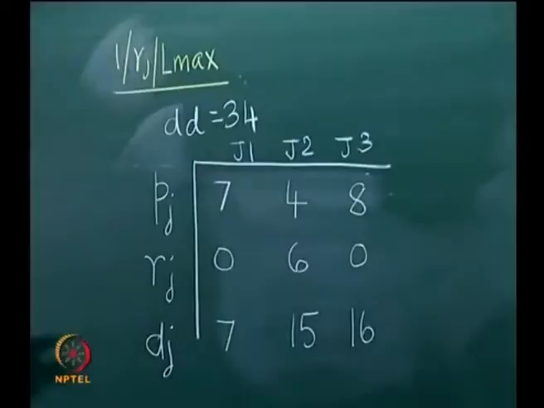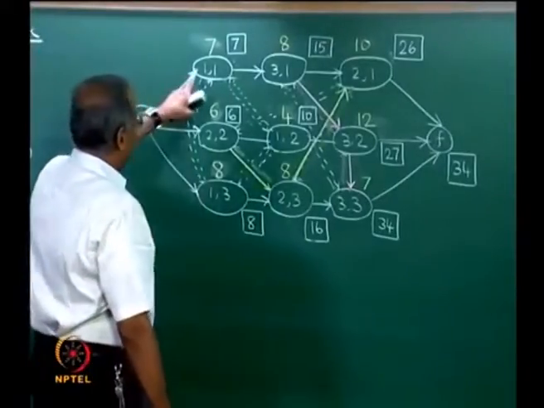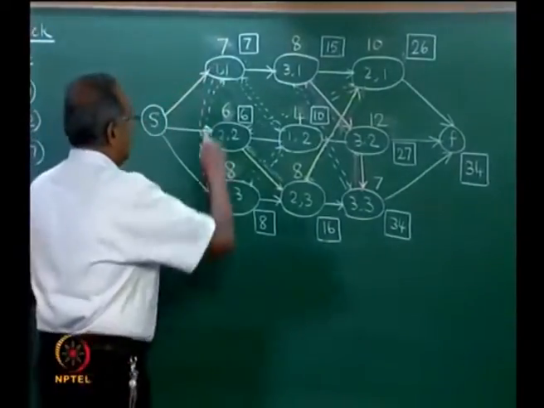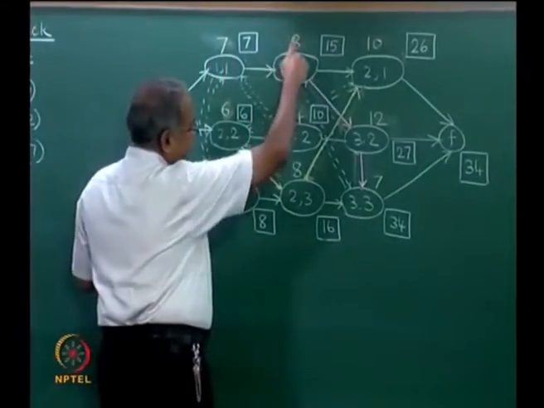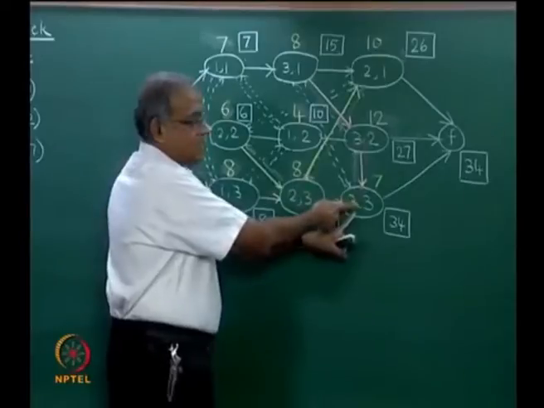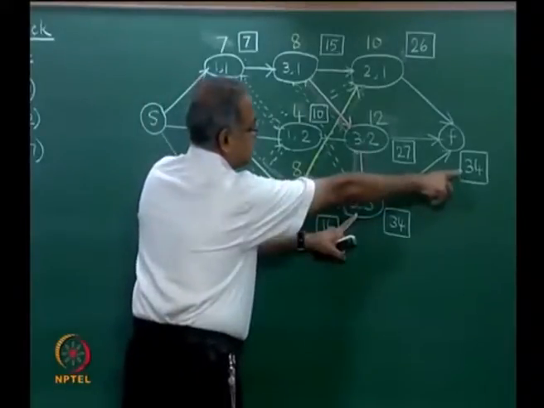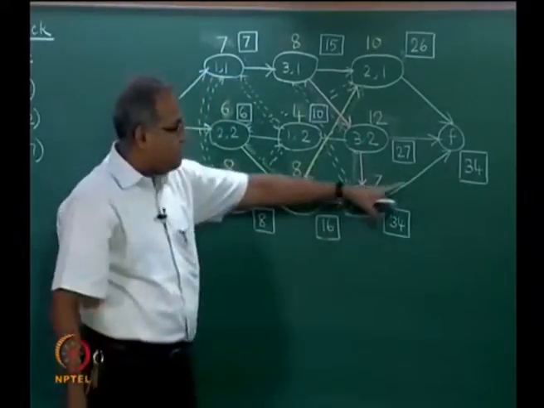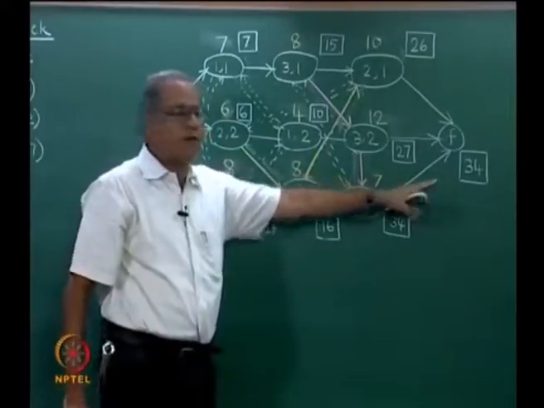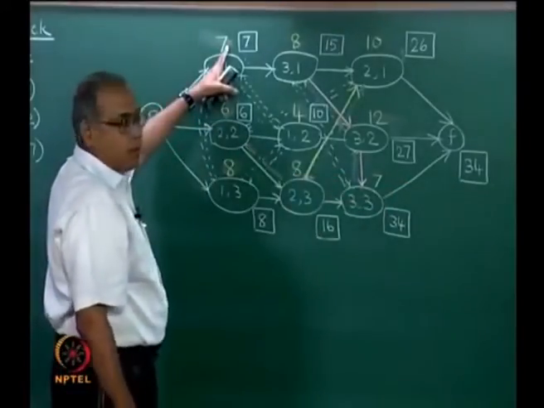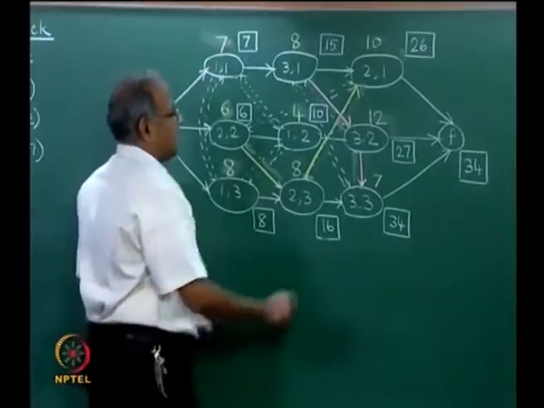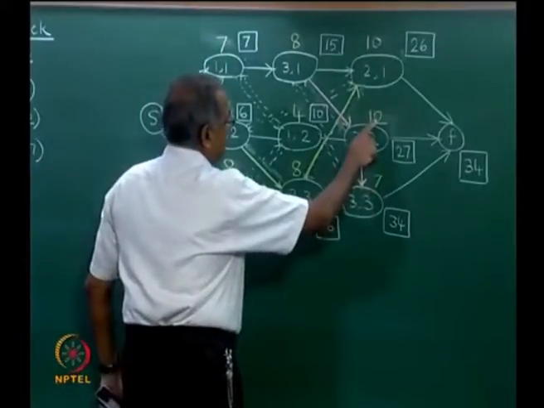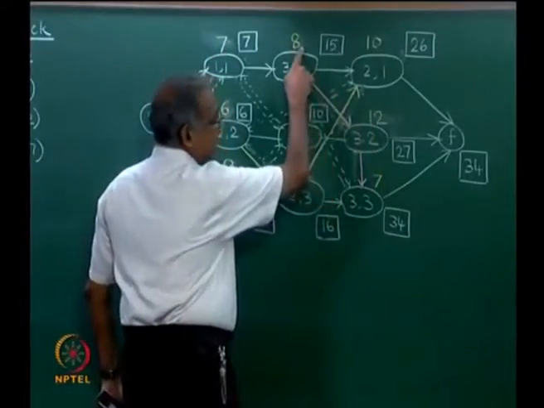So let me again explain the computation of the due dates. J1 on M1 is here, and the longest path is 7 plus 8 15, plus 12 27, plus 7 34, which gives us this 34. So in order to meet this deadline of 34, the remaining processing time is 7 plus 12 19, plus 8 27.